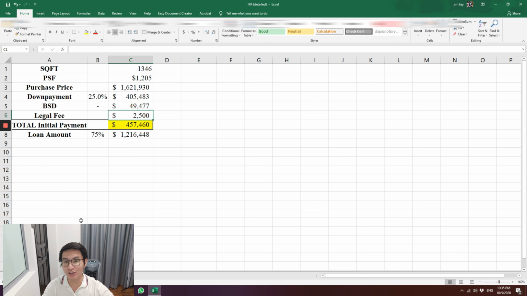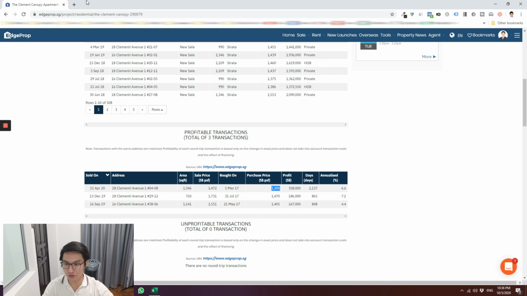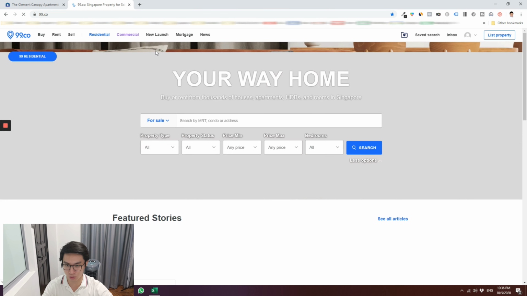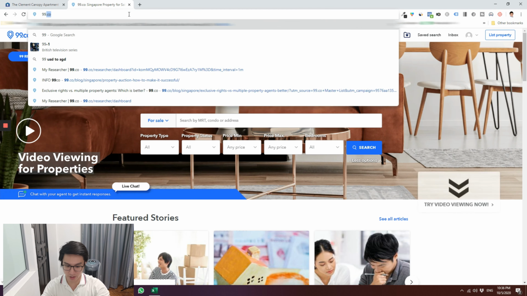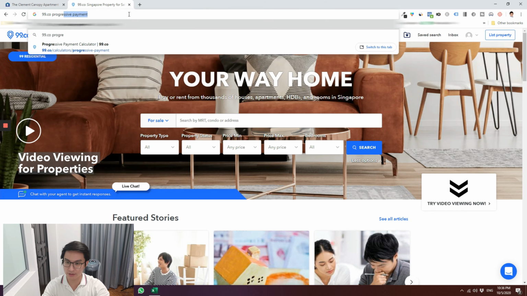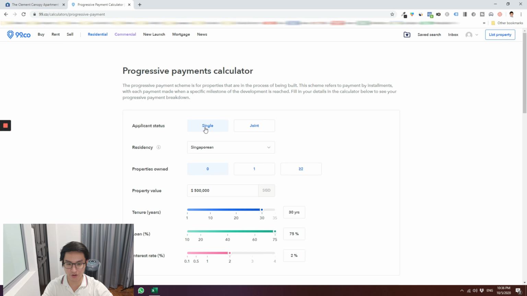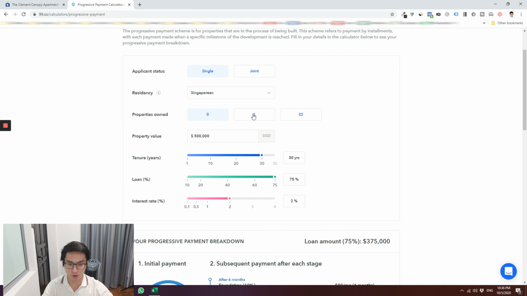So what are the cash flows related to this property purchase? For cash flows, I like to use 99.co's tool. I'll just Google it, 99.co progressive payment. Okay, this I found is very useful for most people to use and easy to understand.